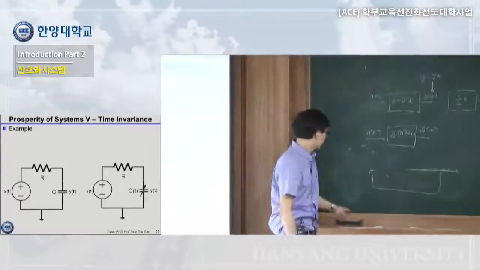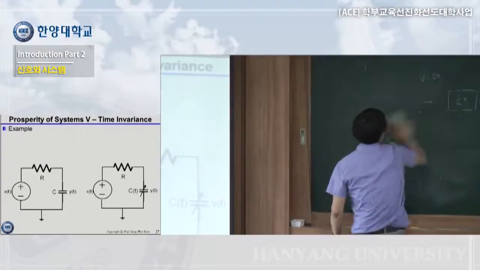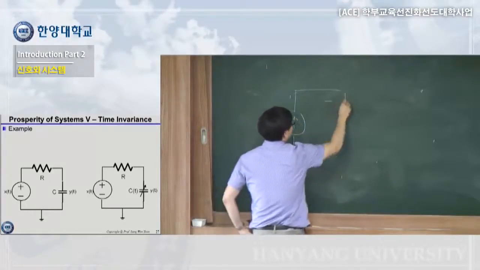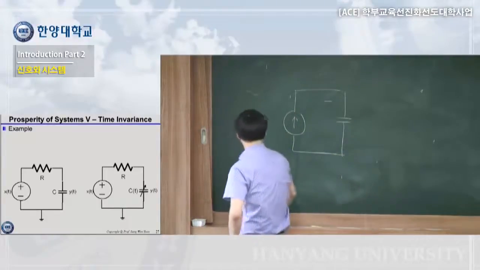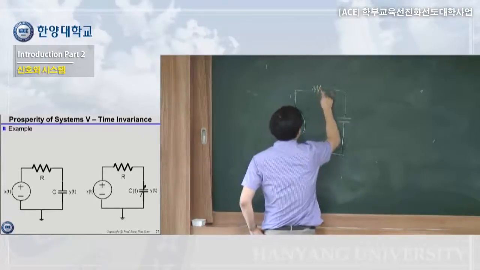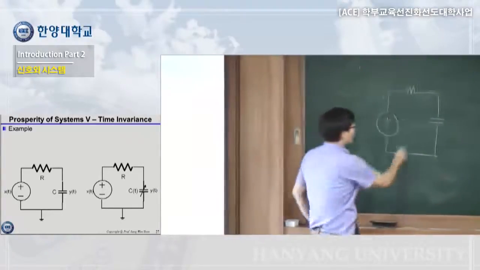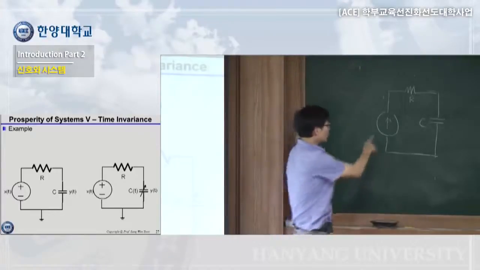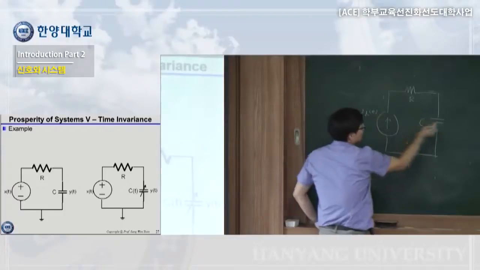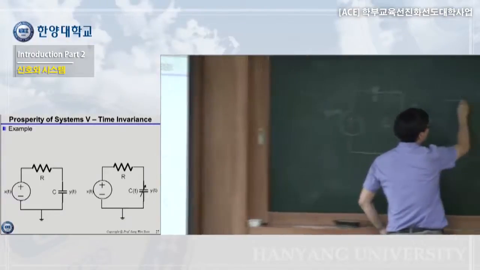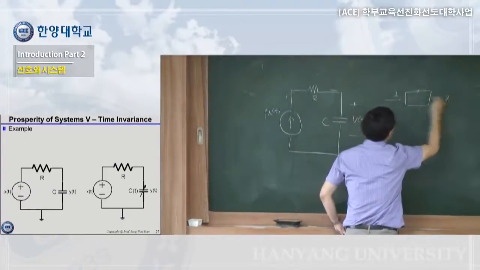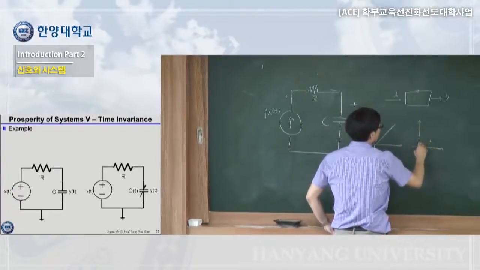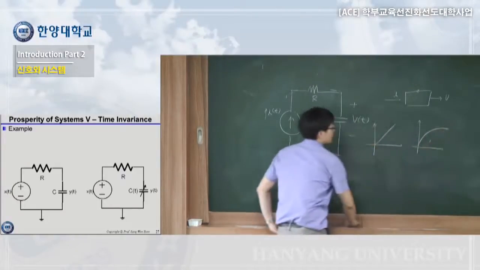Example. A circuit again. Assume that we have a fixed value of R and a fixed value of C. When you apply your input as a current, and the output is a voltage, when the input comes in, the output comes out like that typically.